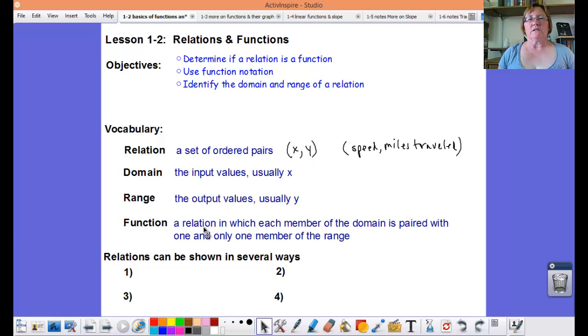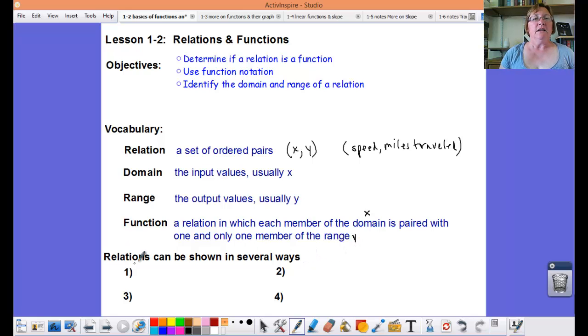A function is just a special kind of relation, specifically a relation in which each member of the domain is paired with one and only one member of the range. Folks, that means that each X for us goes with one and only one Y. For every X, there can only be one Y.